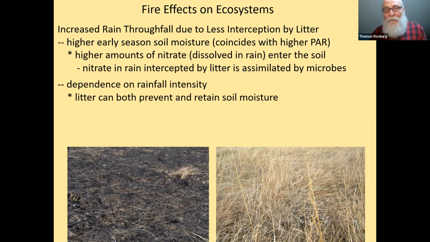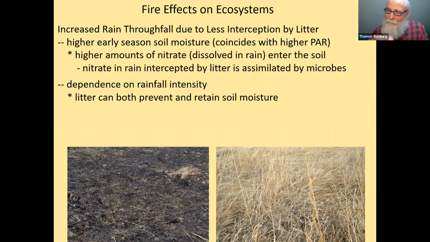Now, this all depends on rainfall intensity to some extent, because litter has this ability to be both something that prevents water from getting to the soil, as just described, but on the other hand, in terms of the water that does get to the soil, it can help retain it there because that litter is going to help reduce evaporation from the soil.